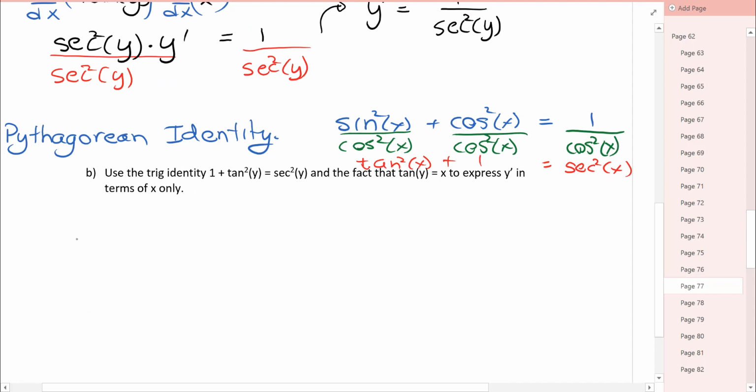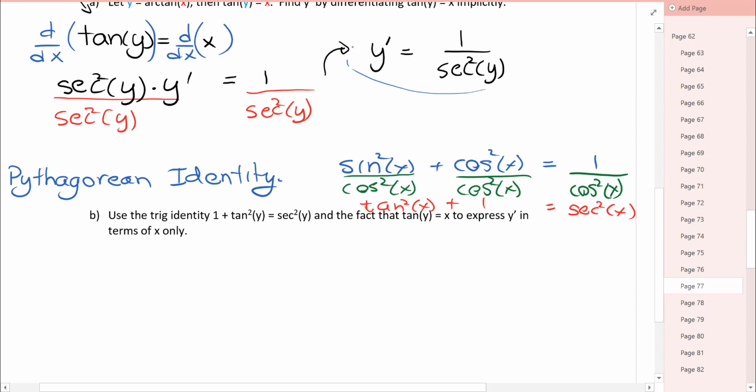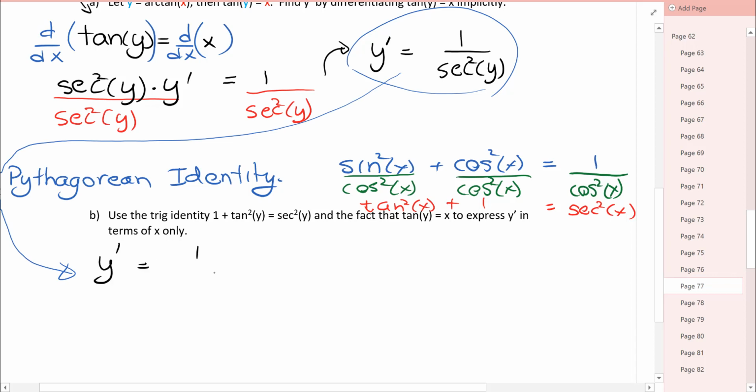So that means up here, well, we can take this little guy here, 1 plus tan squared y.